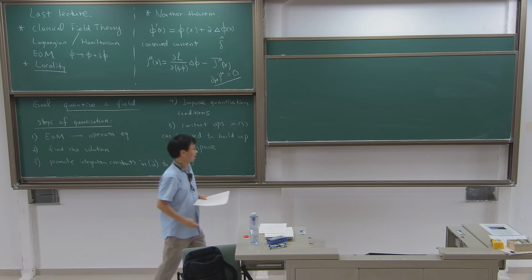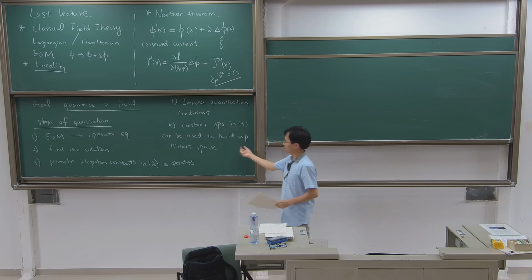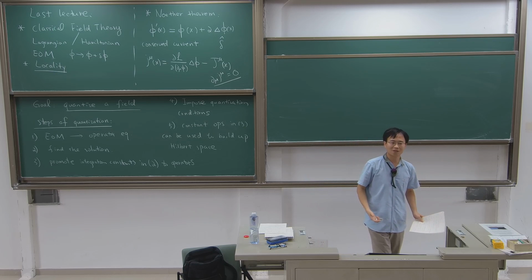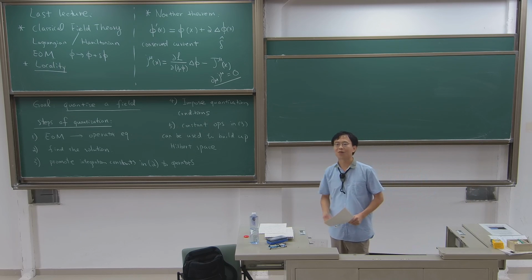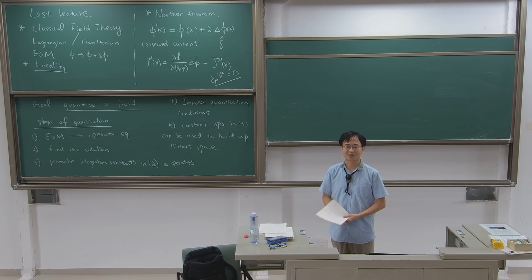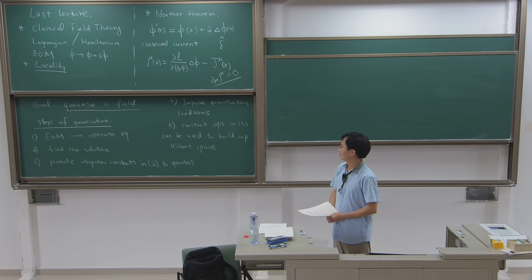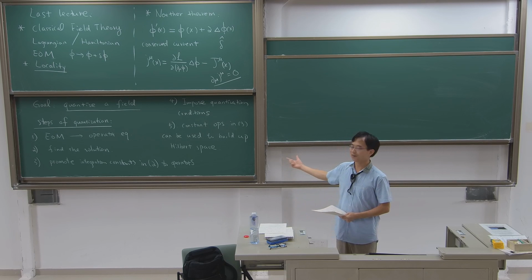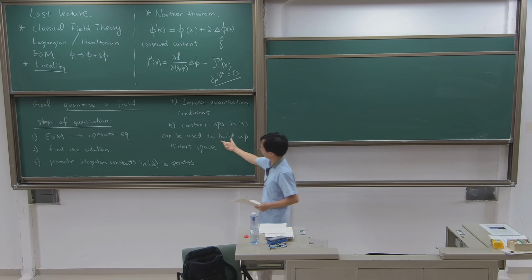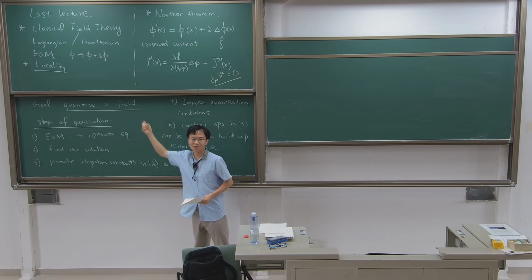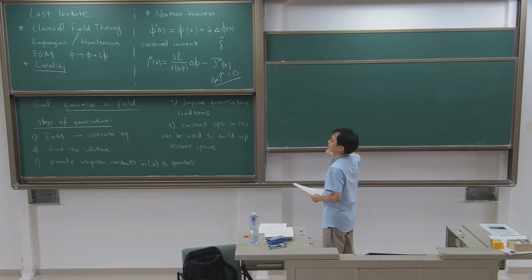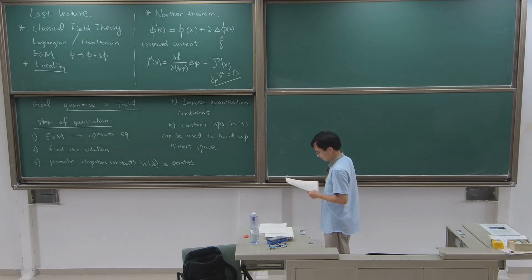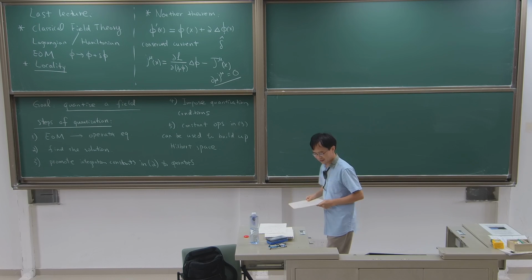Then after you get the Hilbert space, you can check all the properties for any given state in this Hilbert space. It's basically done. If you can implement these five steps for a given field theory, then it's very good. Basically you finish the quantization of a given field.